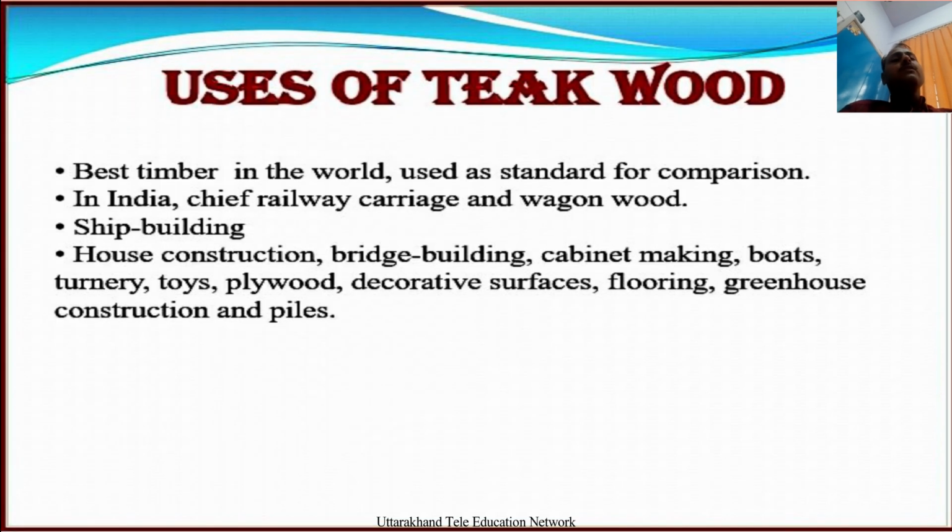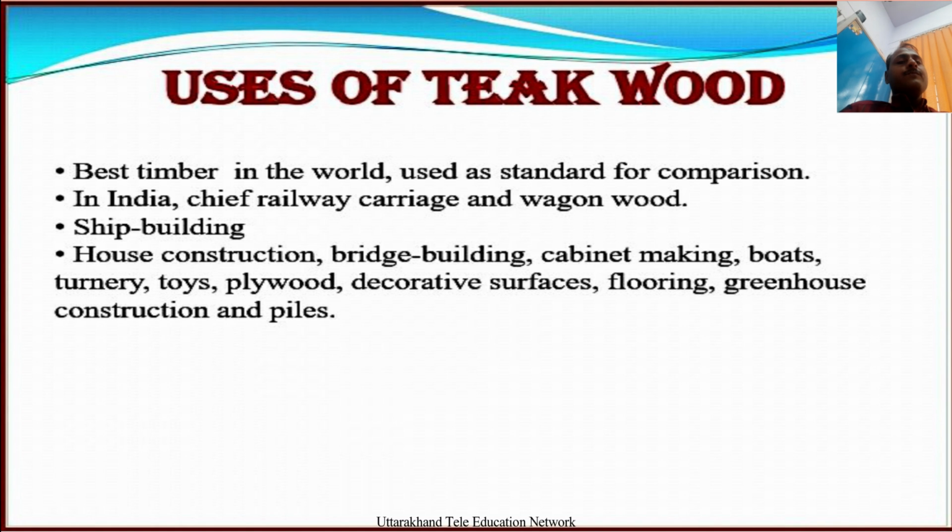Now, uses of Tectona wood. Since it is one of the best timbers in the world, it is used as a standard for comparison. If somebody has to use some timber, he compares it with teak wood, whether it is substandard or of that much standard of teak or not.